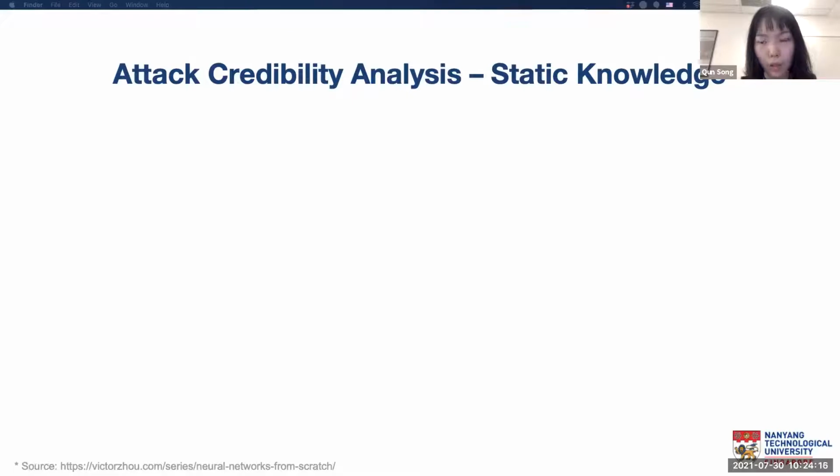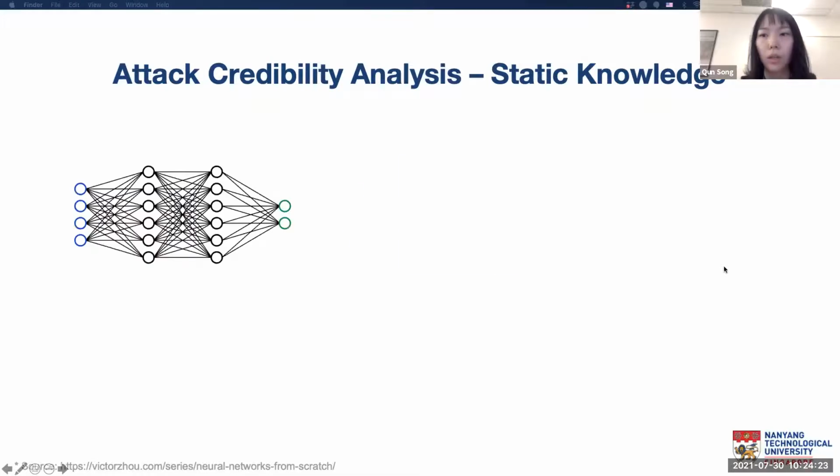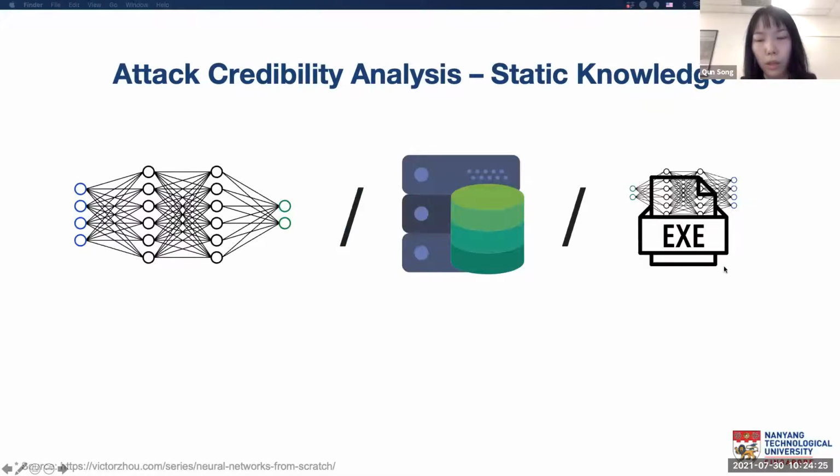Static knowledge required by the attack construction includes the target DNN's internals, the training data, or the black box target DNN. From our experiments, at least one of them is needed to construct effective adversarial attacks.